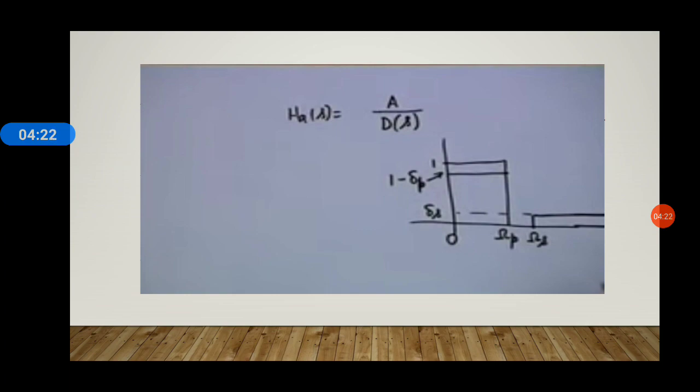We are to design a filter. Here we are talking of a Butterworth low pass filter which will specify this delta p, delta s, omega p and omega s. Now, to start with, I will always mention that whenever you are given some specification, it won't be possible to fully satisfy all the given specifications.